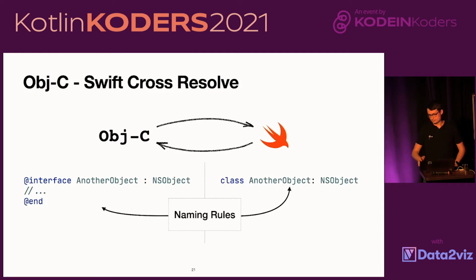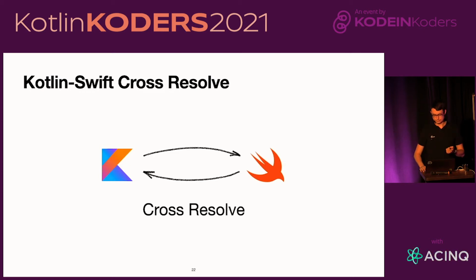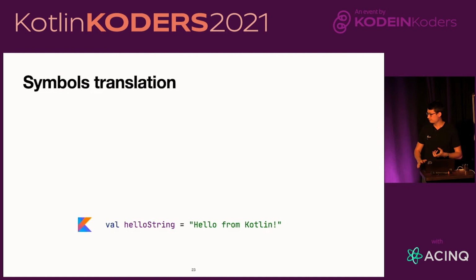And we also have a cross-resolve between Kotlin and Swift, but it works a bit differently. How does it work? Let's say we have a property, hello string in Kotlin, and we would like to somehow translate it into hello string property in Swift.